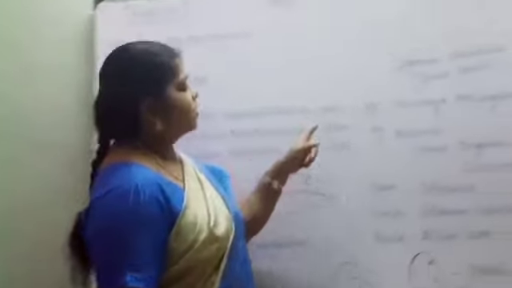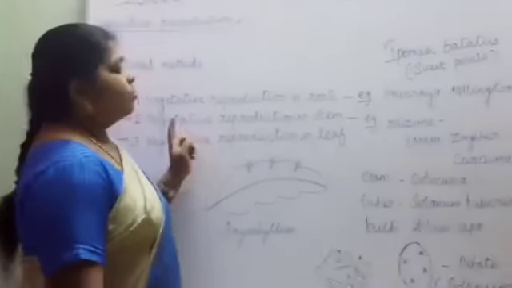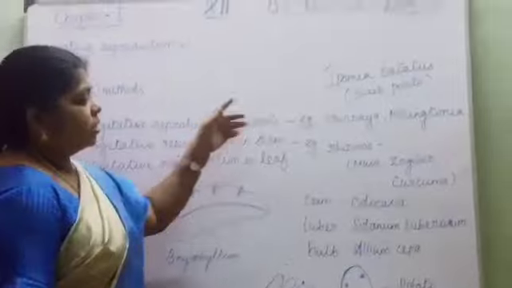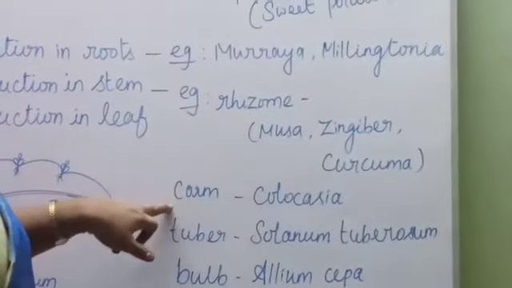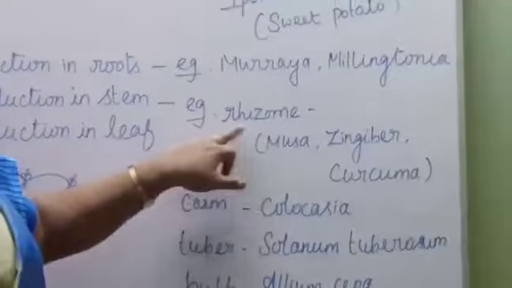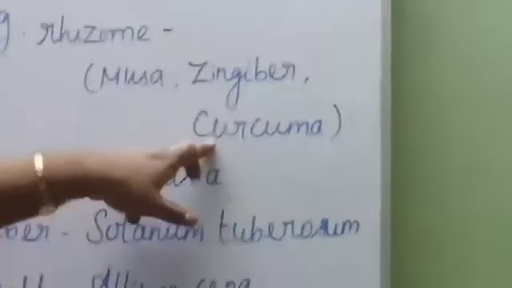Vegetative reproduction in stem. You know very well the structure of underground stem or subaerial stem modification. These are the examples of vegetative stem modification: rhizome, corm, tuber, bulb. Rhizome: Musa paradisiaca, Zingiber officinale, Curcuma longa.